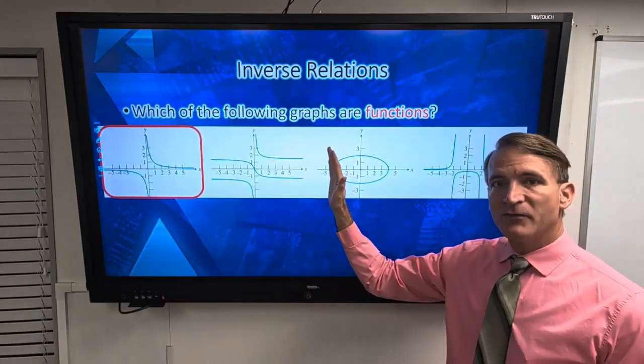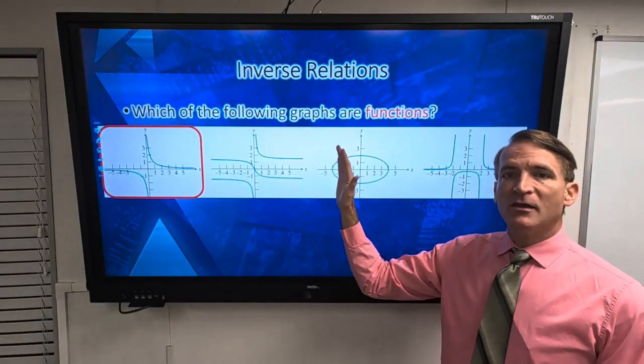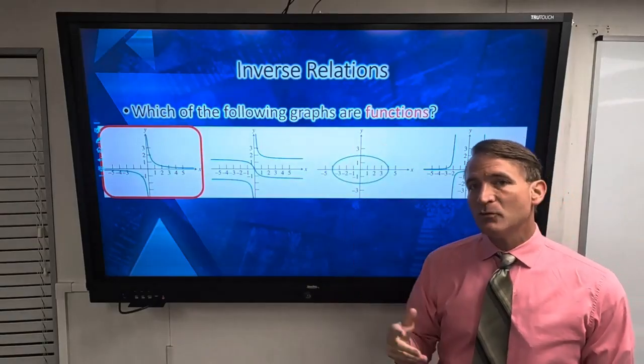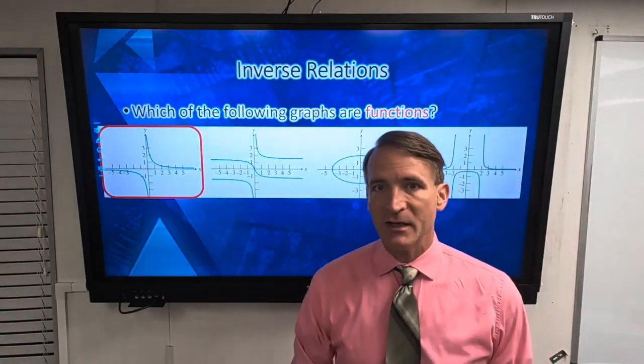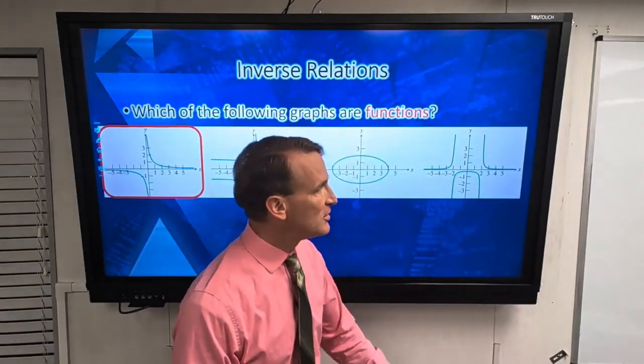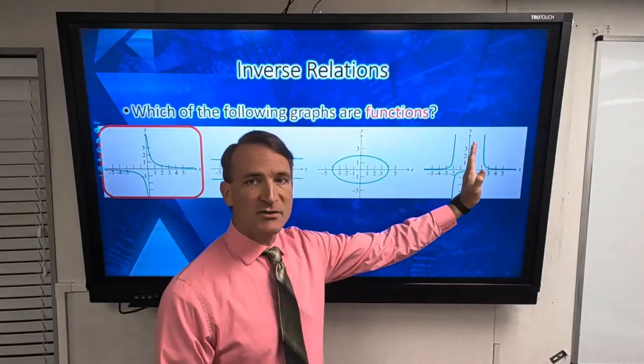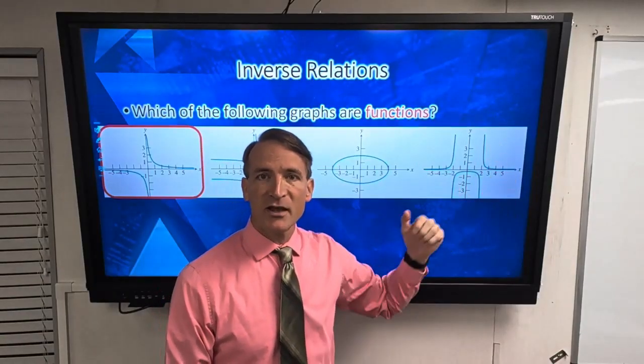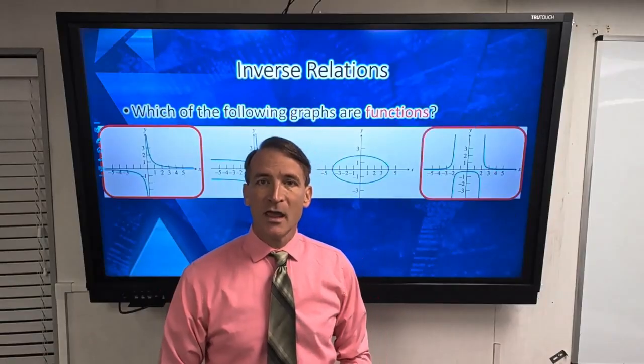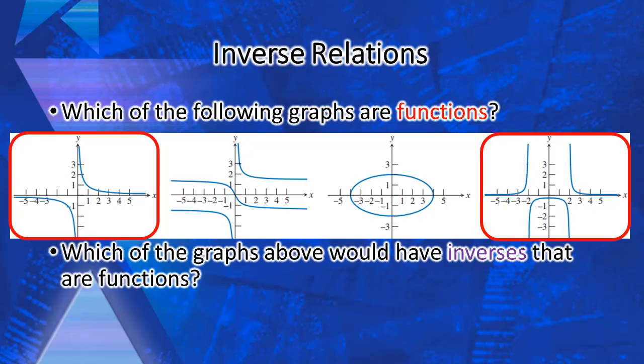This third graph, this oval shape, if we were to draw vertical lines, it would not pass a vertical line test, so therefore it is not a function. And then we look at this last graph, it does pass the vertical line test, so this last one here is a function.